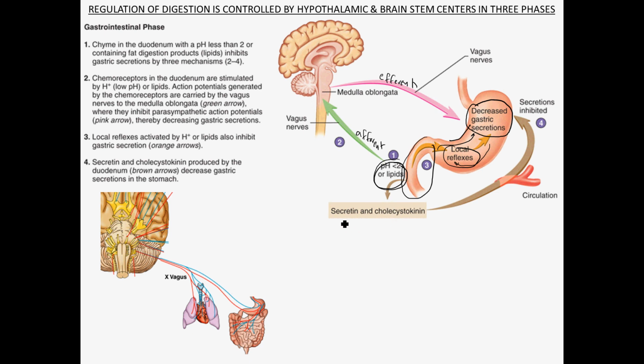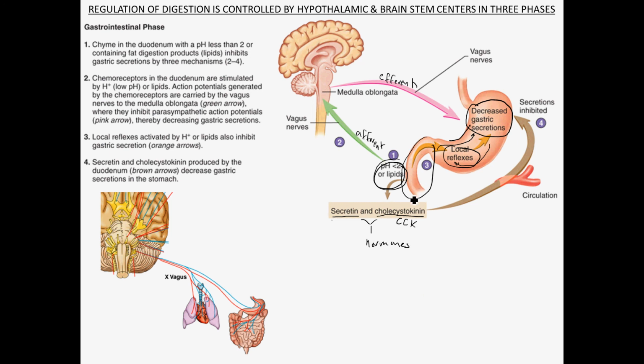The other thing that happens, and we'll talk about this in a little bit more detail when we do the small intestine, is that the cells of the duodenum lining right here will secrete secretin and cholecystokinin, also just abbreviated CCK for easier reference. Both of these are hormones.